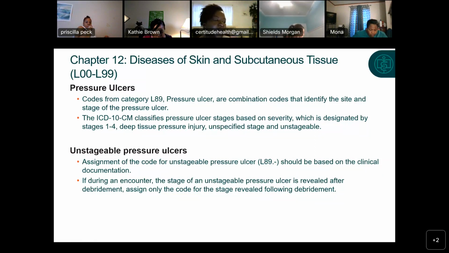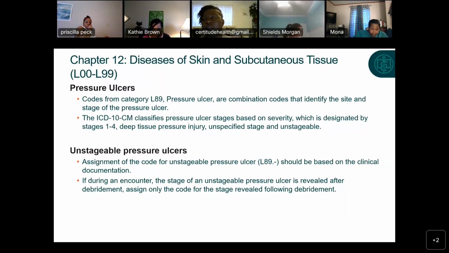If it's unstageable, that means that the doctor himself is not able to clinically make a determination of what stage the ulcer is. So again, it's not the same as unspecified.